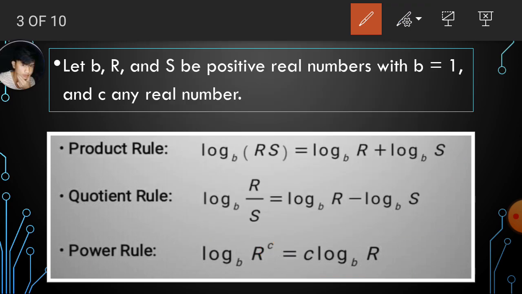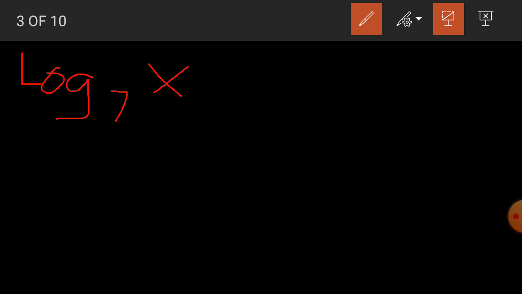So in order for us to understand it well, I have here the proof of logarithm. So we have here the example: log base 7 of x raised to 3.